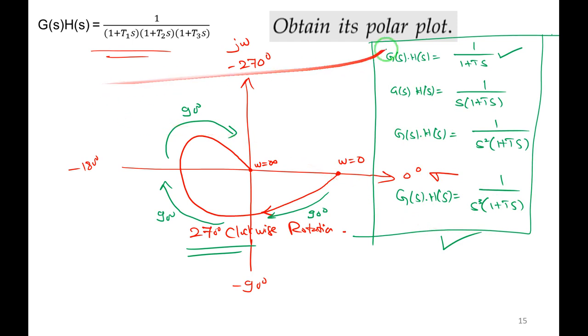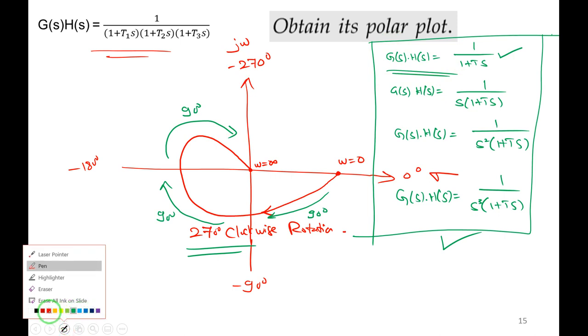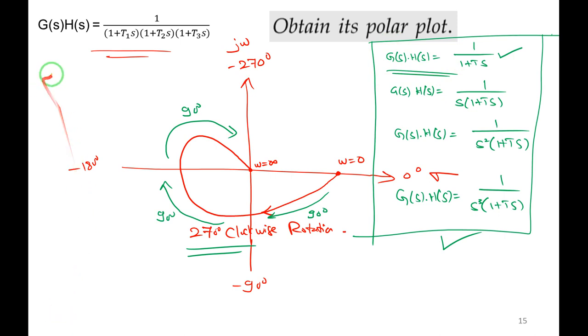Next, this is same. I have this one, right? Let me write it here with another ink. Okay, g of s into h of s is equal to 1 divided by 1 plus ts. This is the simple pole, same as this, right? Then I will go on adding simple poles for it.